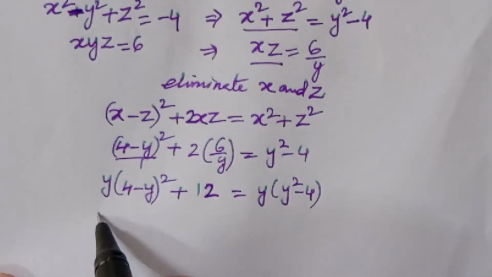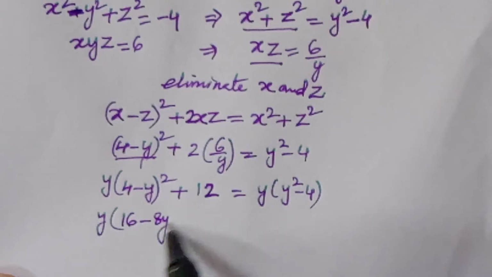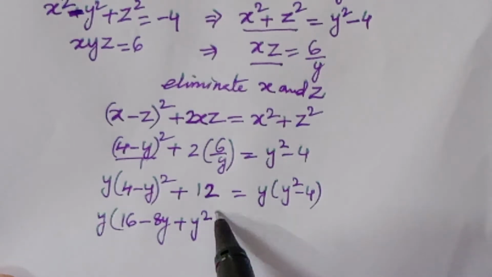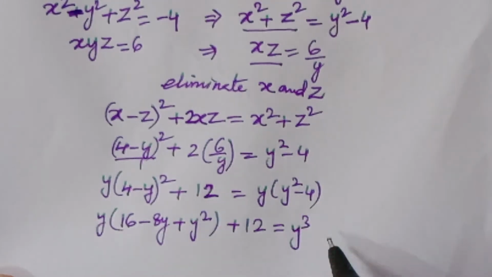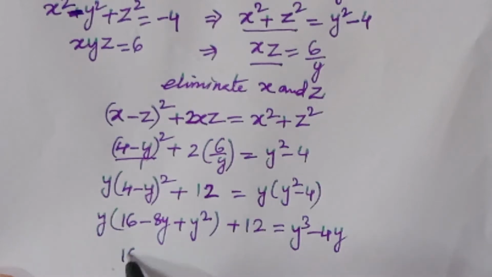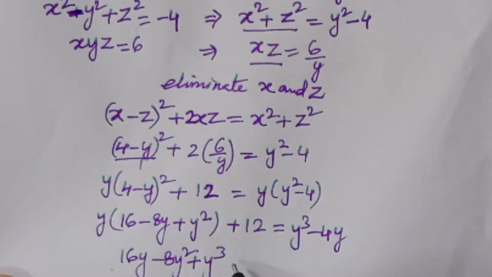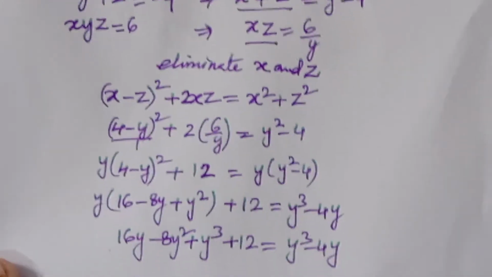If you open the bracket, y into 16 minus 8y plus y square, plus 12, is equal to y cube minus 4y. So 16y minus 8y square plus y cube plus 12 is equal to y cube minus 4y.